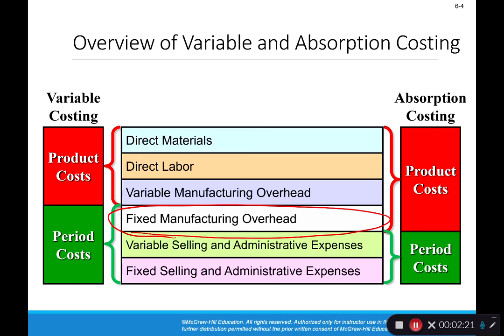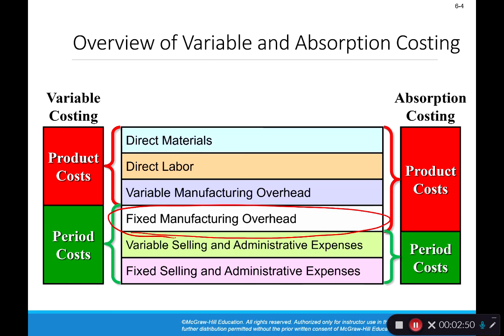That's direct materials, direct labor, and variable overhead. Absorption costing, which, by the way, is the method of costing you've already been taught, includes all overhead costs, both variable and fixed. So absorption costing absorbs, that's my sucking sound, it absorbs the fixed overhead costs. It sucks it in there like a sponge.